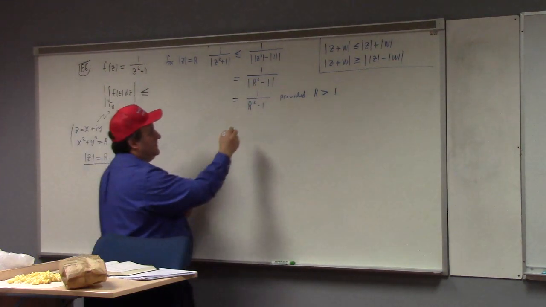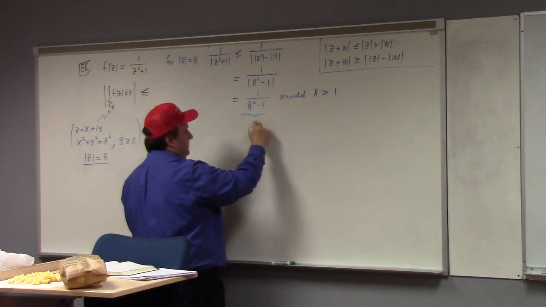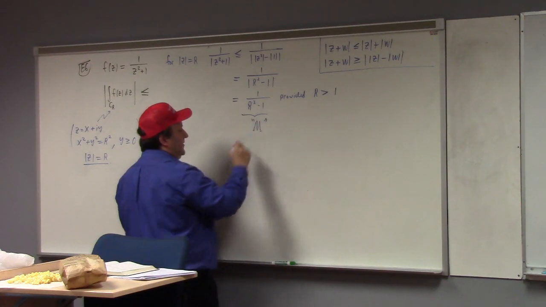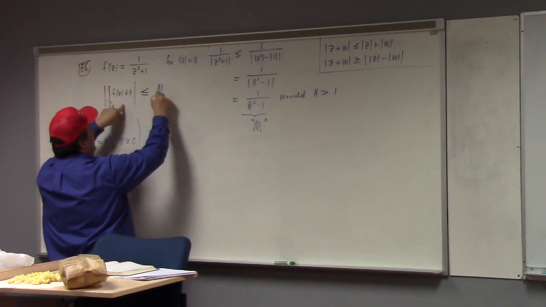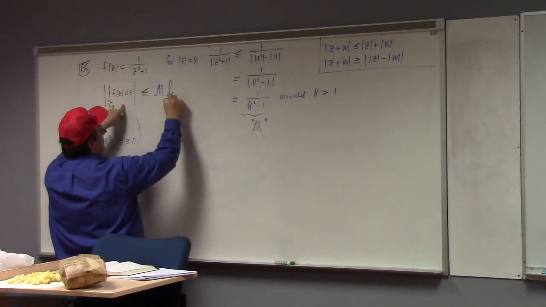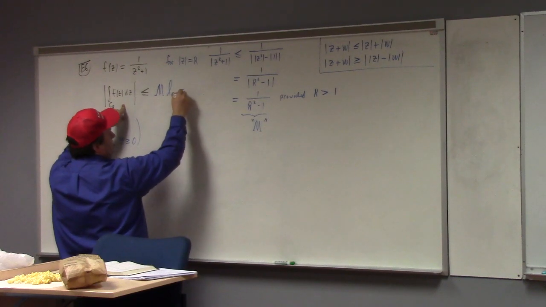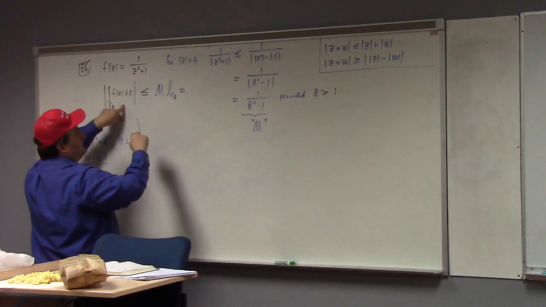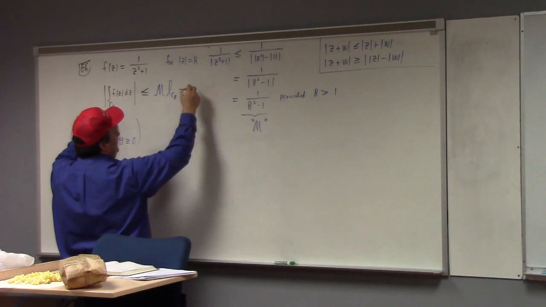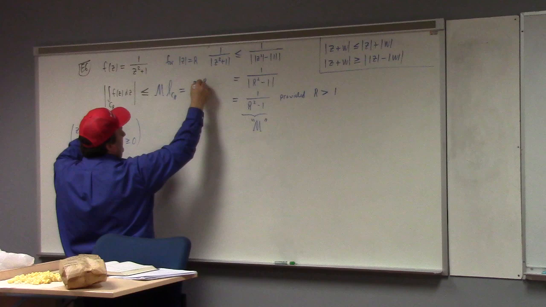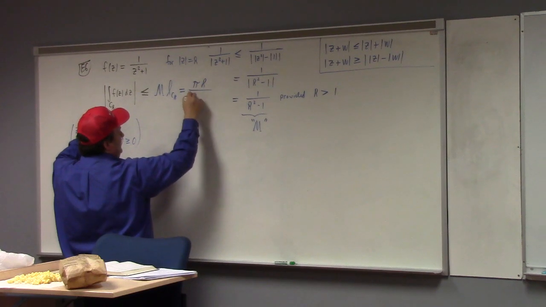So this is a bound of the ML theorem, right? This is less than or equal to M times L, where L is the length of C_R, which in this case is equal to, what's the length of C_R? Pi r. Right. So we got ourselves pi r divided by r squared minus 1.